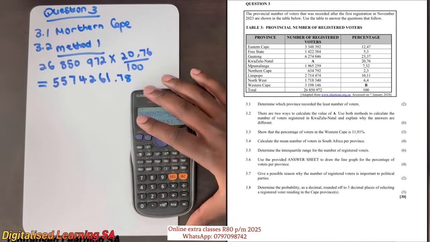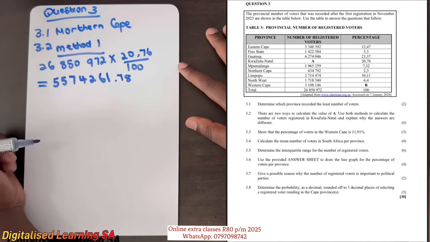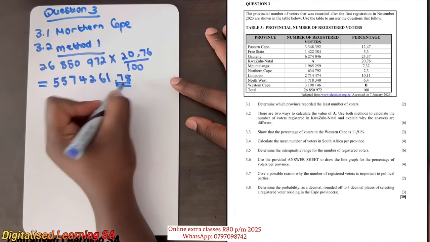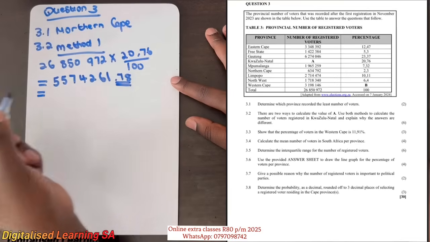5574261.78. And guys, before we move to method 2, you need to understand that here we are speaking about the number of registered voters. So the answer needs to be discrete, meaning that we need to round this off.